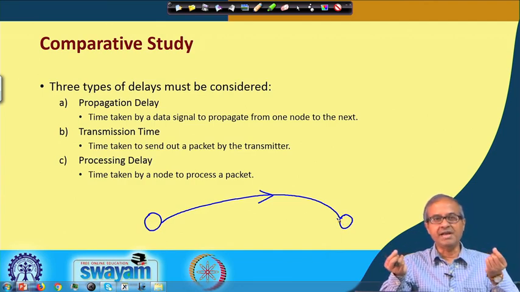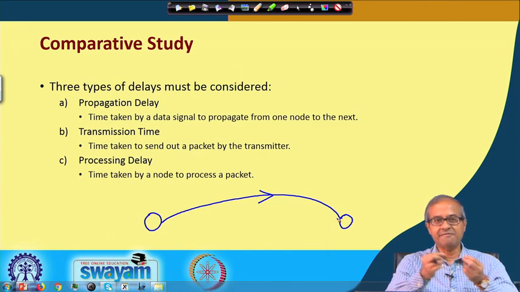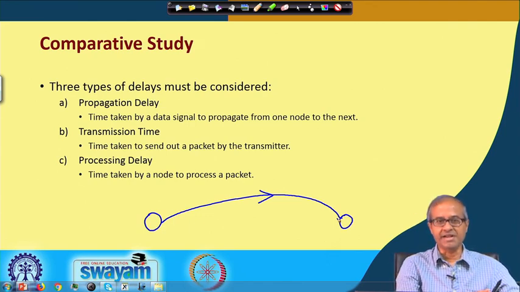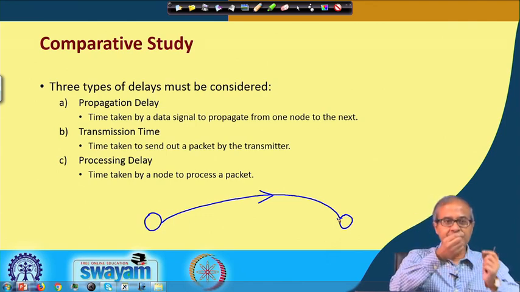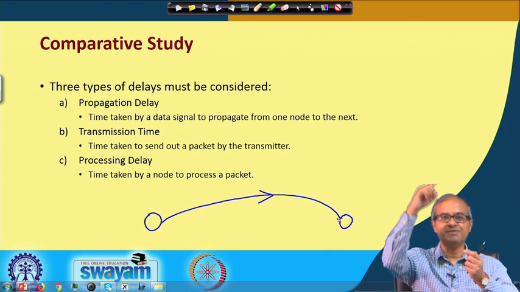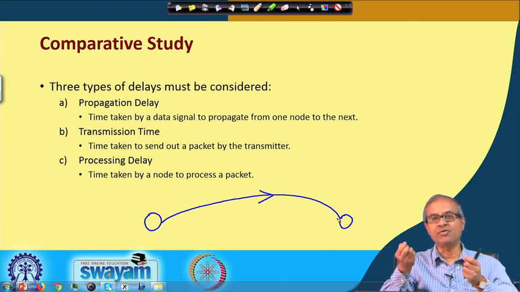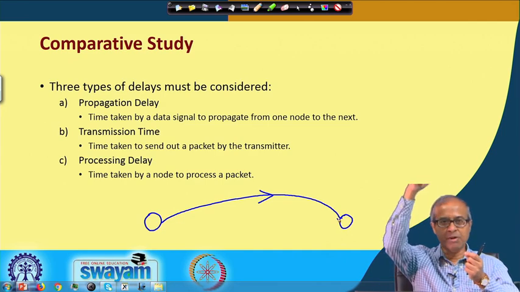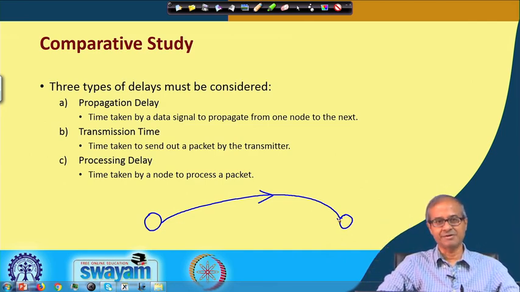If it is a copper link, it can be something. If it is a fiber optic link, it can be different. If it is a satellite link, it can be different. So, depending on the type of link, suppose you sent one bit of data, how much time that one bit will take to reach the other end, it depends on the medium. Suppose you are using a satellite, then it will be taking you a fraction of a second to go up to the satellite and again come back. Okay. So, it depends on the medium.